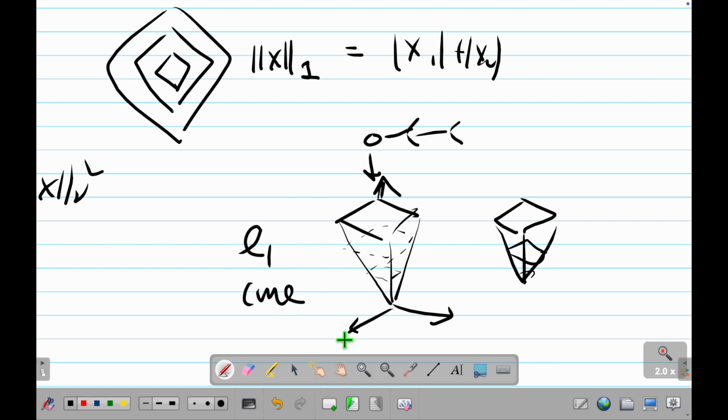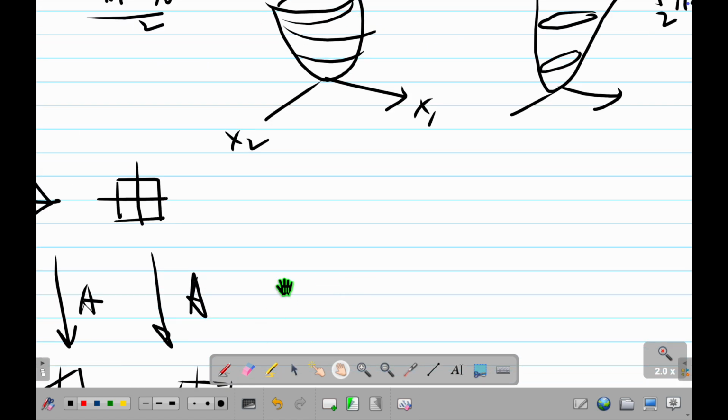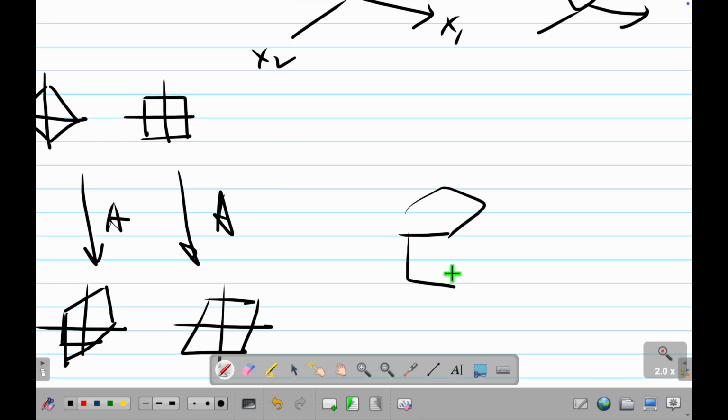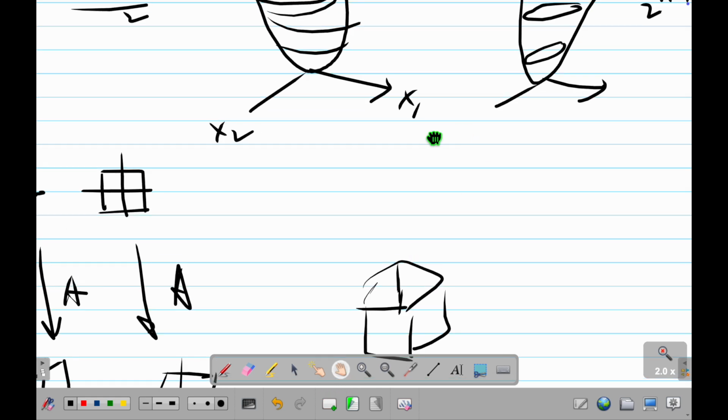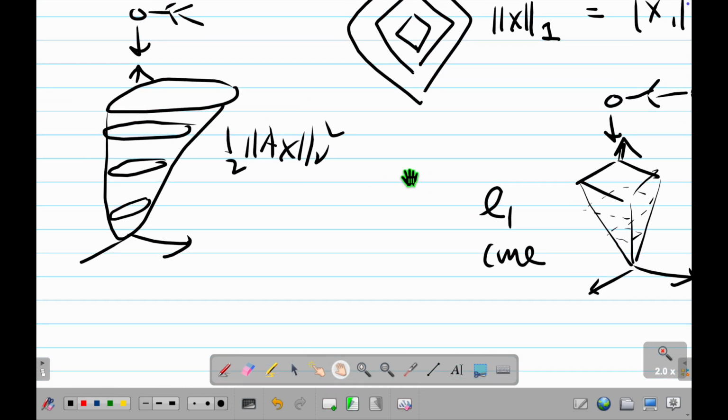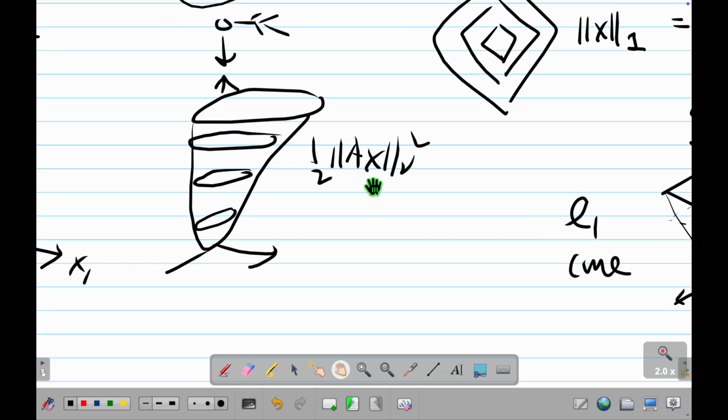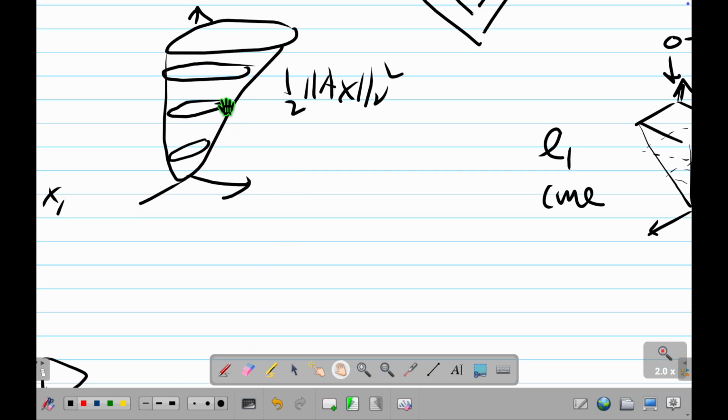And then what about the infinity norm? The infinity norm is easy. It's just a box, something like this. So therefore, this is the geometry. Once we talk about this, this looks like a cone, and this is also a cone.